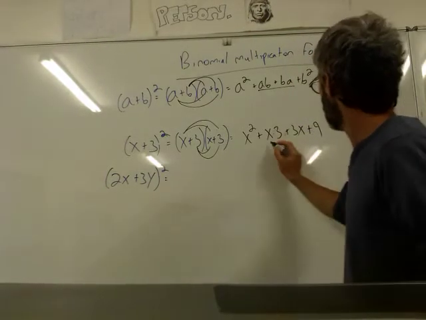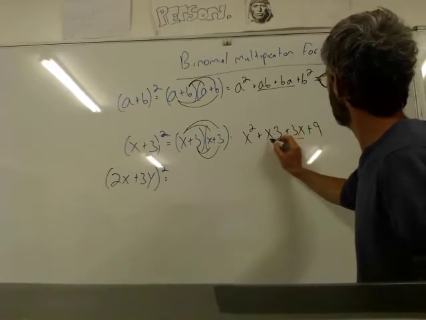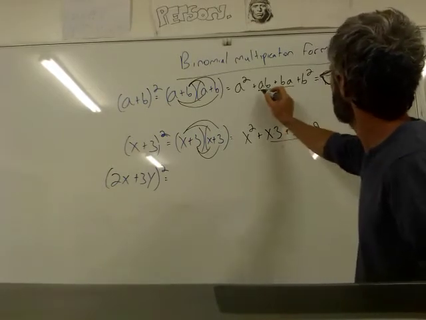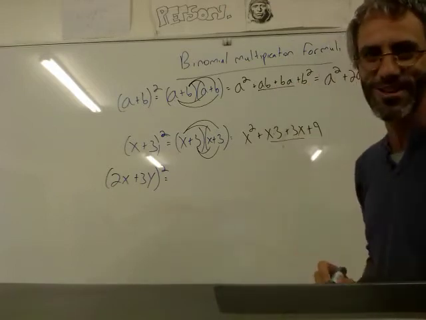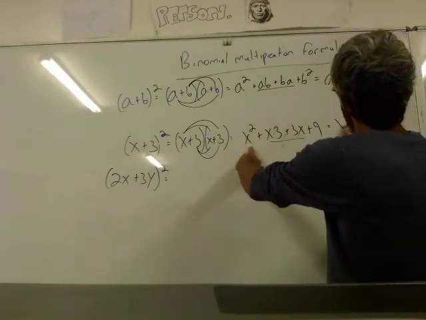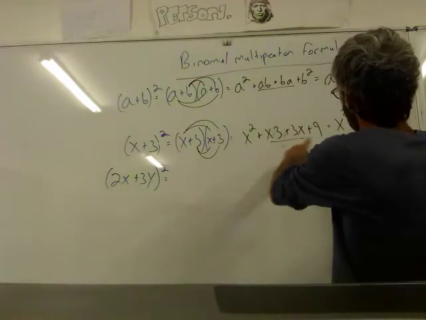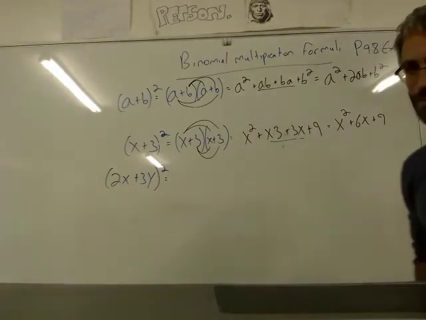Then I need to look at the terms that are alike. You see they're identical. x times 3, 3 times x, the same as a times b, b times a. Can you see it's the same idea? So it's going to be x squared plus 6x plus 9.